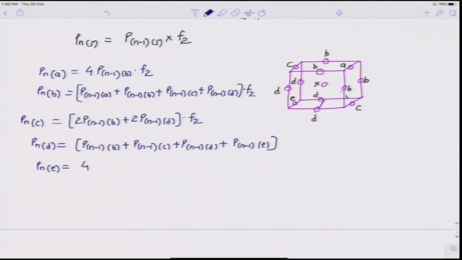So, this would be 4 times P n minus 1 of D times F2. There should be an F2 factor here.